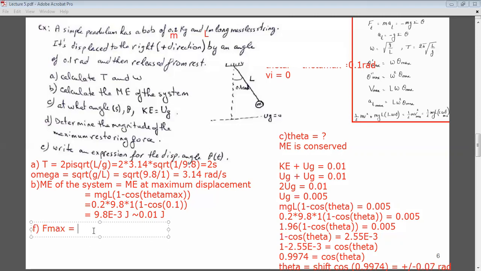If I want the maximum, it should be m times g times sine theta maximum. Here you can use the fact that for very, very small values of theta, sine theta is equal to theta. So this is nothing but mg theta. Instead of sine theta maximum, I directly put theta maximum.